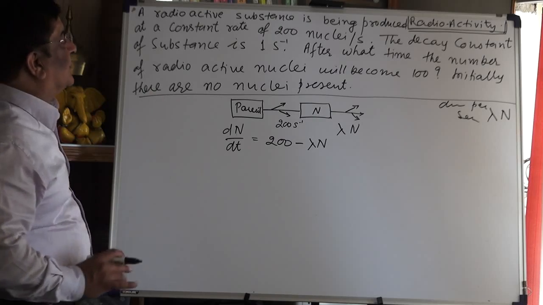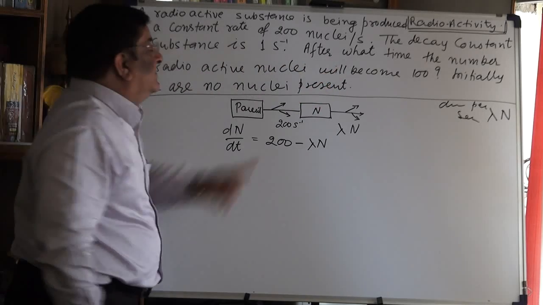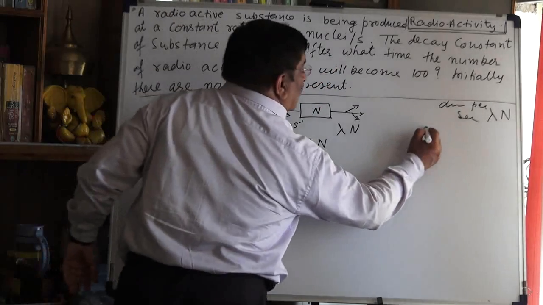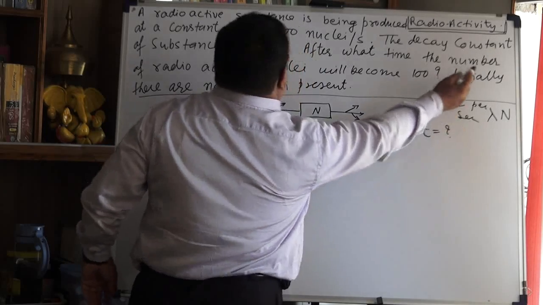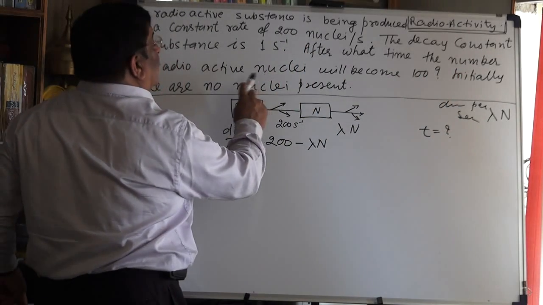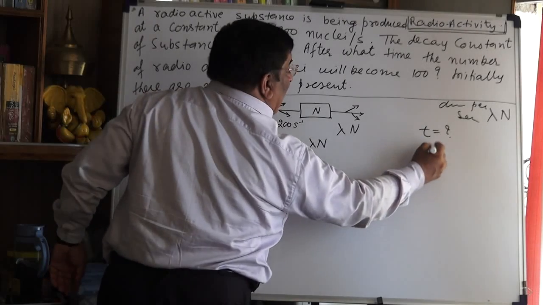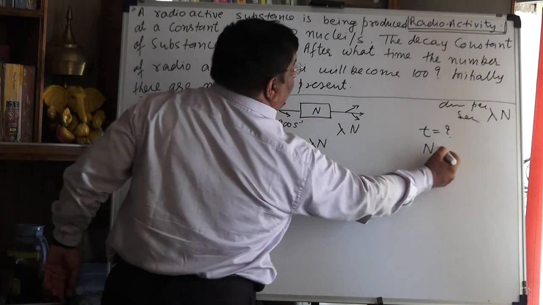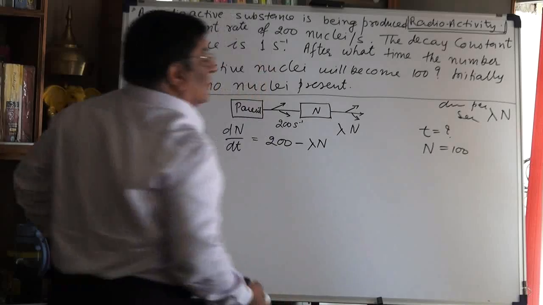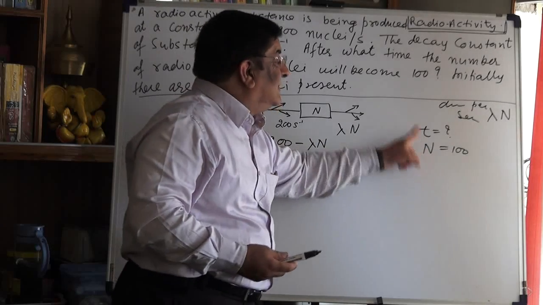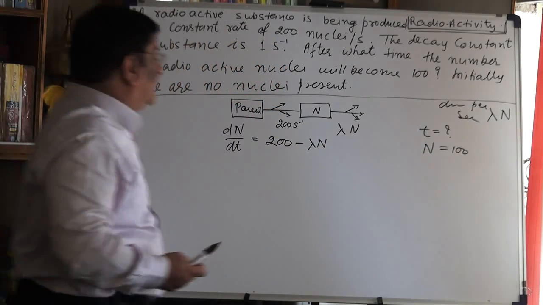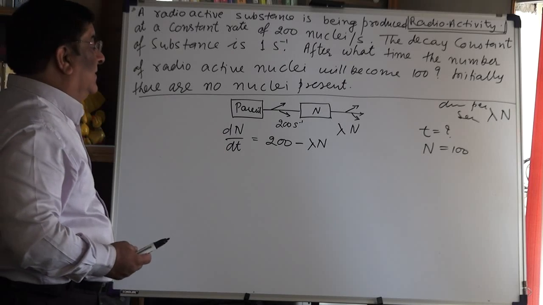Okay. Now what is our question? After what time t the number of radioactive nuclei, the number N, will become 100. So N is given to us, t we are supposed to find out. This is our relation.